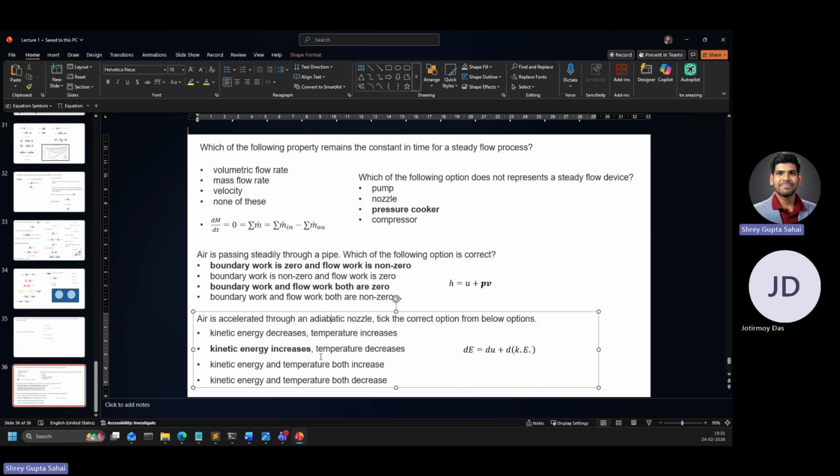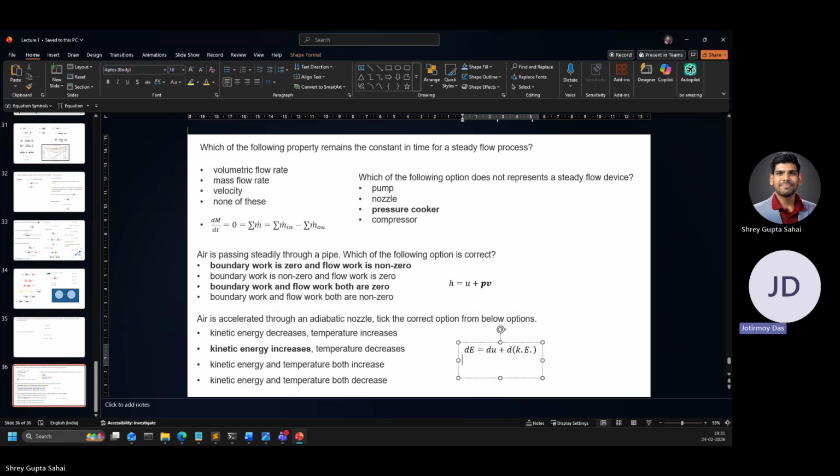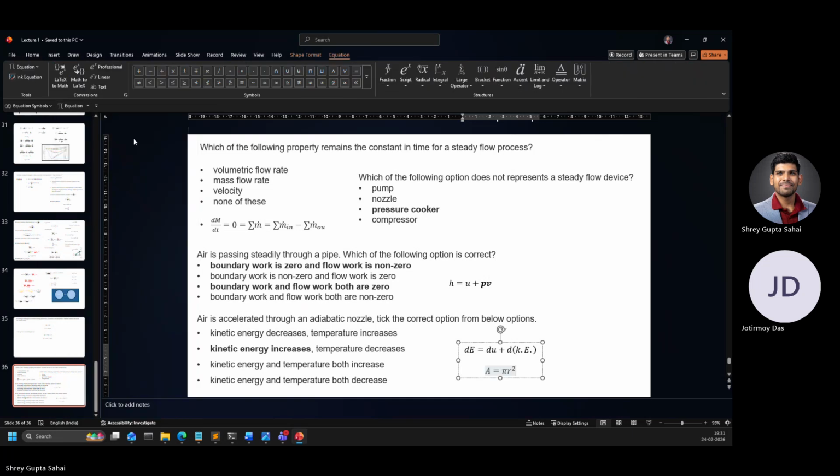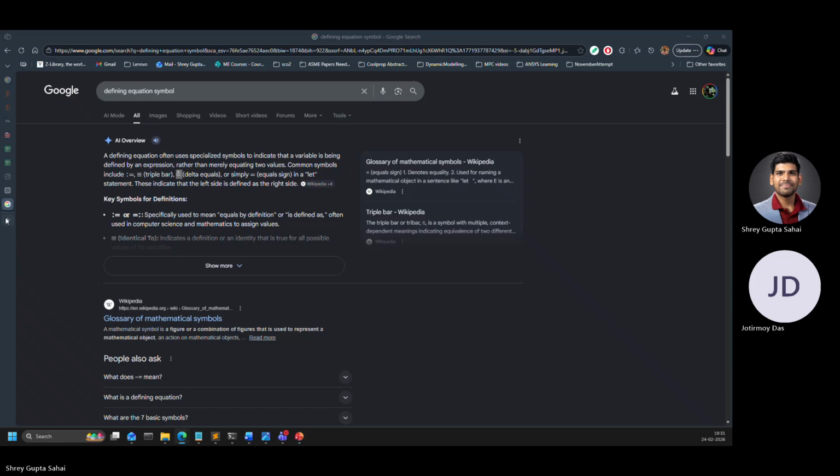U is a function of temperature and pressure, right? Generally across a nozzle, pressure drops also. Let's look at the definition of nozzle, just to be clear.